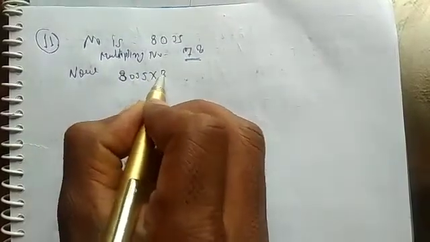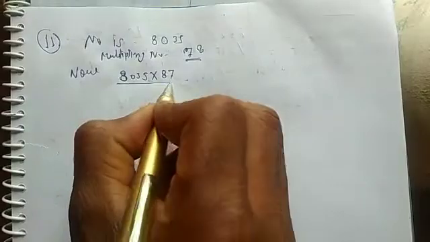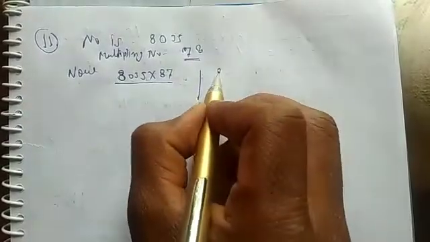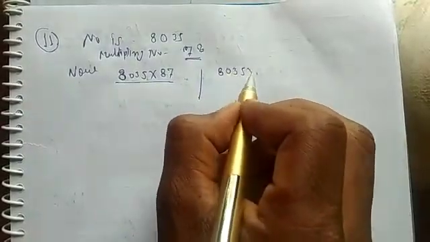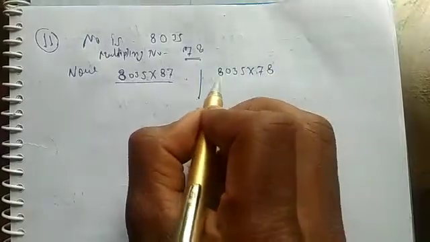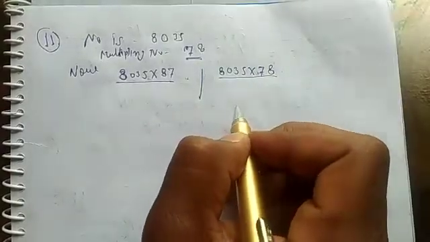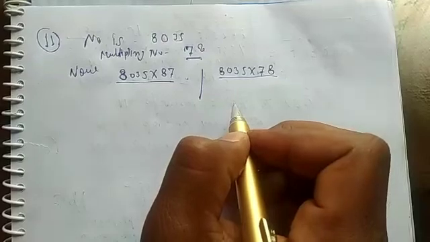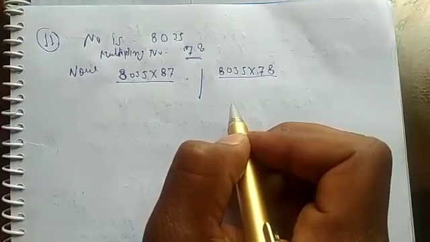So now, 8035 multiplied by 87, this product we have to find out, and 8035 multiplied by 78, these two products we have to find out first of all. Then we will compare both of them.